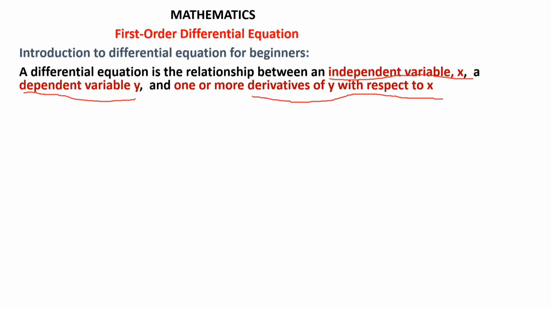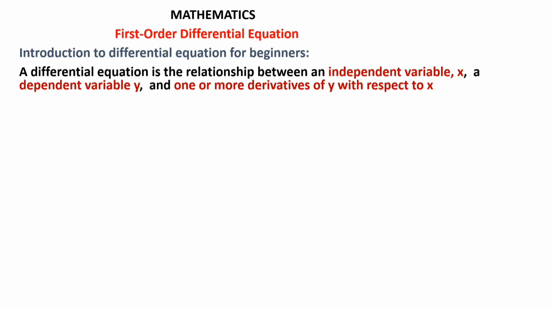So these three things make up a differential equation: it must contain an independent variable, a dependent variable, and a derivative of y with respect to x. These three things contribute to what we refer to as a differential equation.